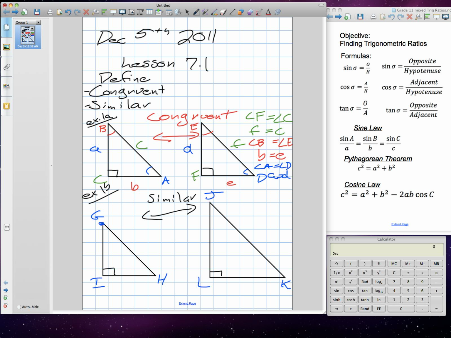Okay. Now, in your book, they're going to represent them a little differently. When they name an angle, they're actually going to use all three letters of the triangle. So if they're referring to angle G, which is this angle right here, they're going to call it angle IGH. Okay, let's actually zoom in a little here.